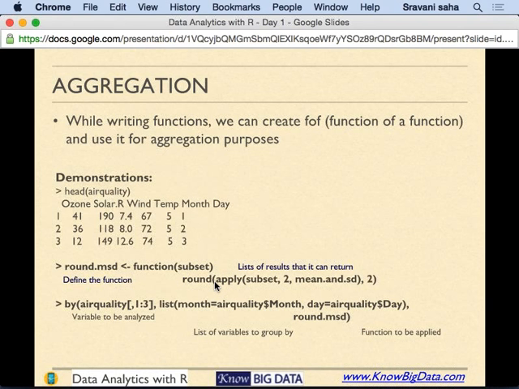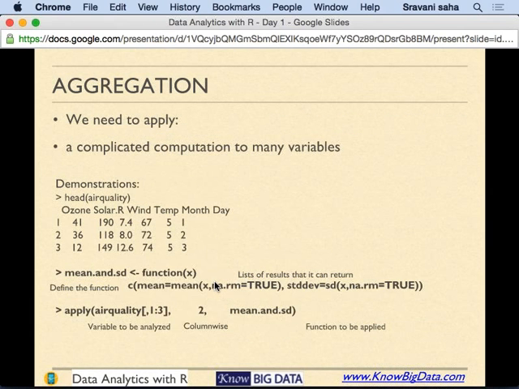Apply will call column wise on this data set called subset. It is going to call mean and SD on each column of that data set. Inside mean and standard deviation, we are calling the mean and standard deviation, which take two values. Makes sense?